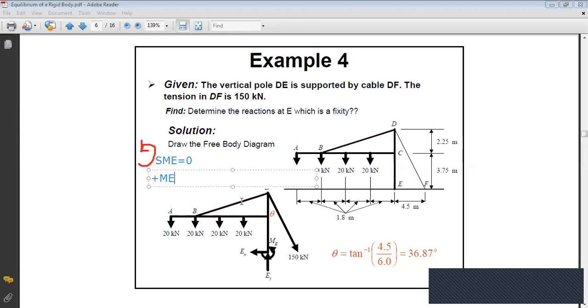Now, what about the 20 kilonewton forces? All of these forces are producing a moment in the counterclockwise. So I will put plus. Now for the first force, it's plus 20 times this distance. This distance is 1.8. As you can see here, all these parts are equal to 1.8.